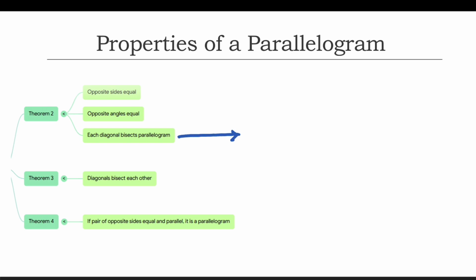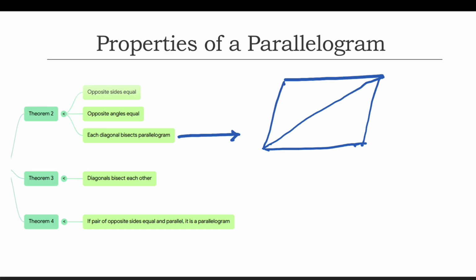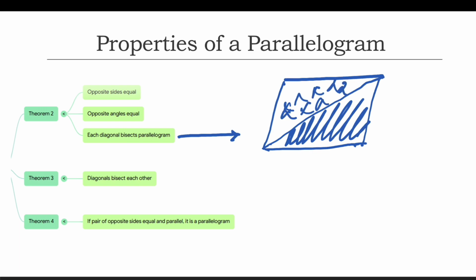Then there is a fourth property in the parallelogram: each diagonal bisects the parallelogram. What does that mean? I have a parallelogram, right? Now this is one diagonal. This diagonal bisecting the parallelogram means this area will be equal to this area, and all sides will be equal, and so on.